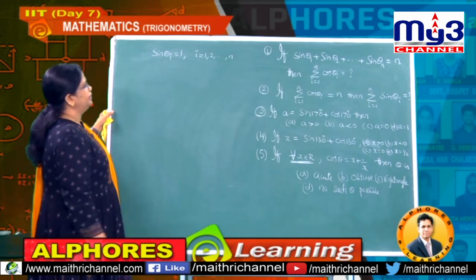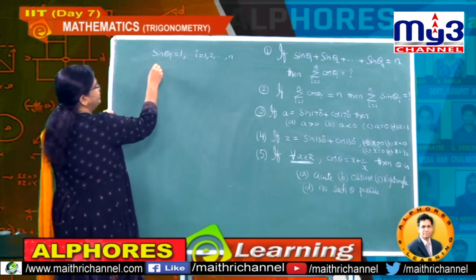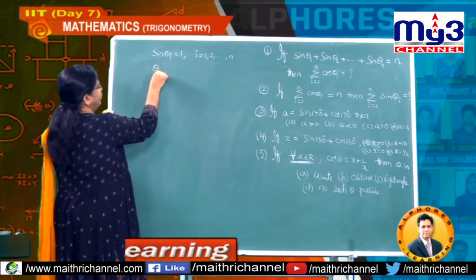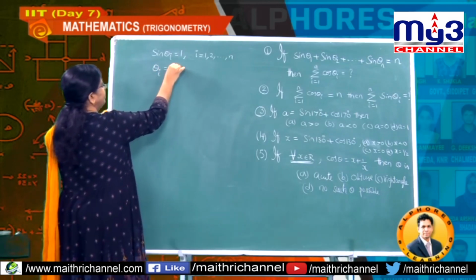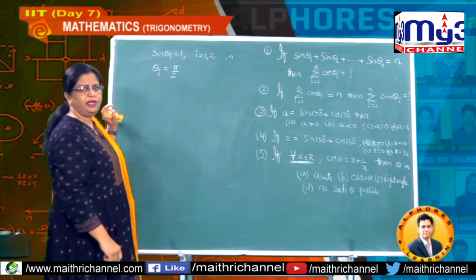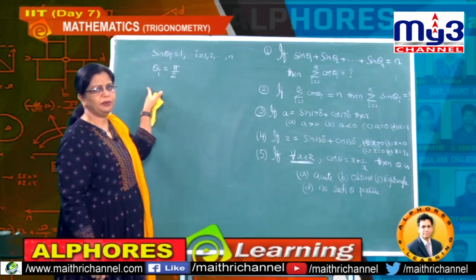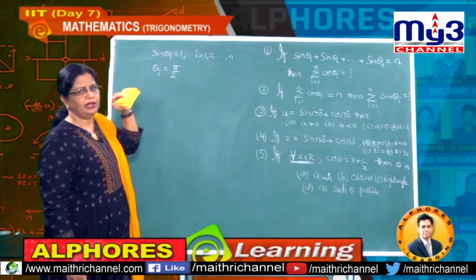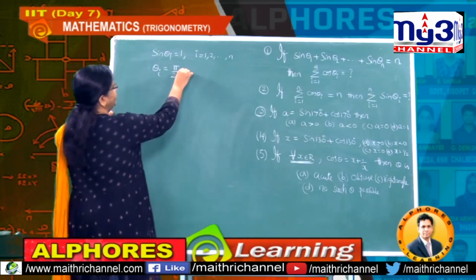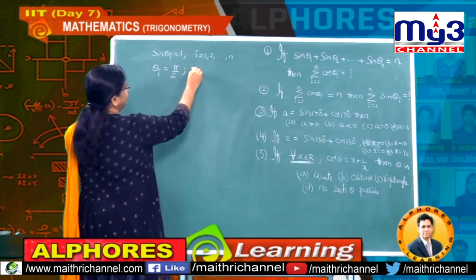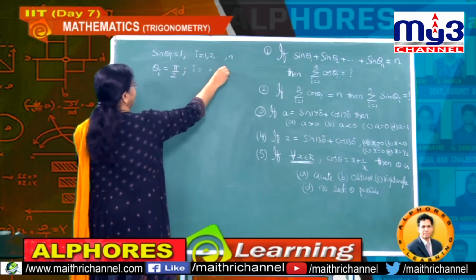And after writing this, the value is possible. One of the values, if I take theta i equal to how much now? Pi by 2. It may be equal to 2 pi plus pi by 2, or 4 pi plus pi by 2. Like that any other value may also exist. Again i is 1 to n.